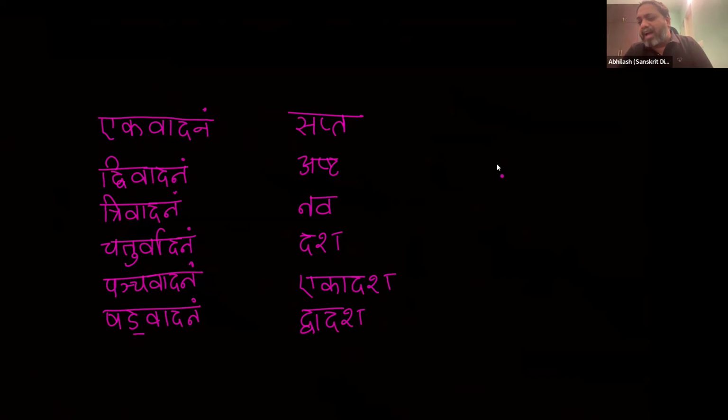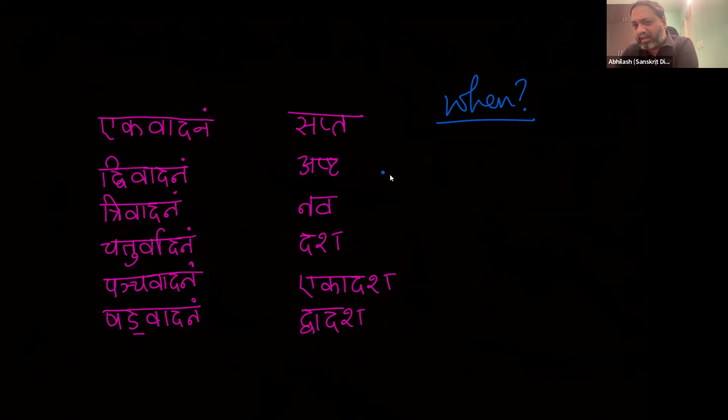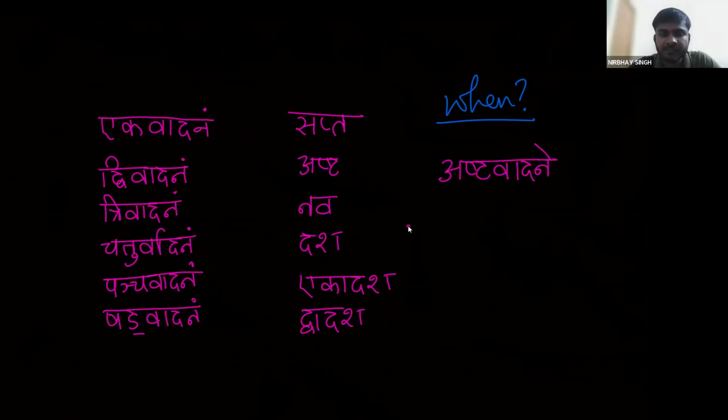But if someone asks the actual question, when will the class start? You don't say Ashtavadanam, the class will start. Instead, you make one small change and say, the class starts at Ashtavadane. Okay?